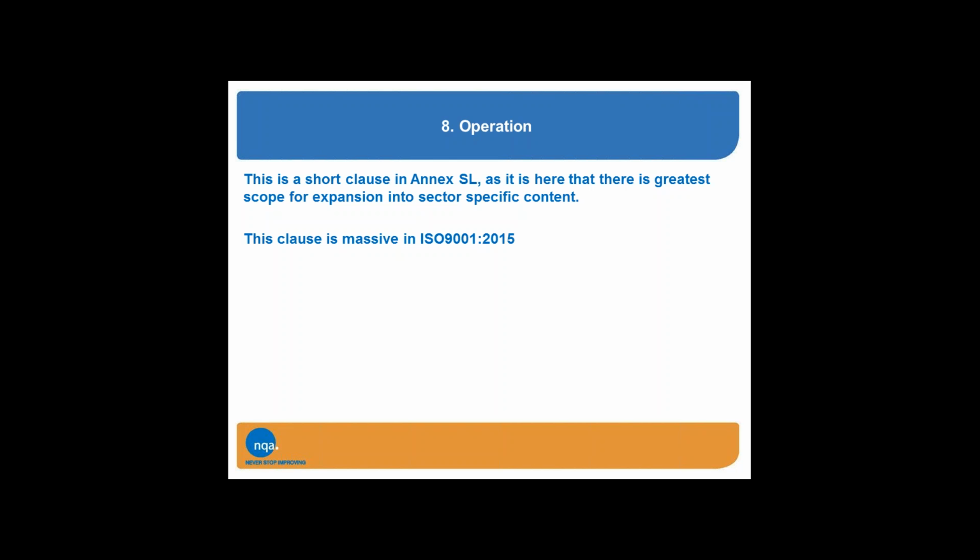Well, the reason is that when we come to clause 8, operation, this is where 9001 has incorporated a significant amount of additional information that the quality profession uses. So it's really in clause 8 that we get a significant enhancement over and above the Annex SL basic requirements. It's a very short clause in Annex SL. It's a short clause 8.1, but it's massive in 9001 2015.